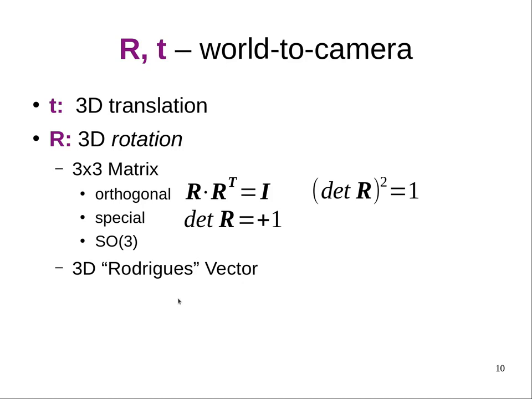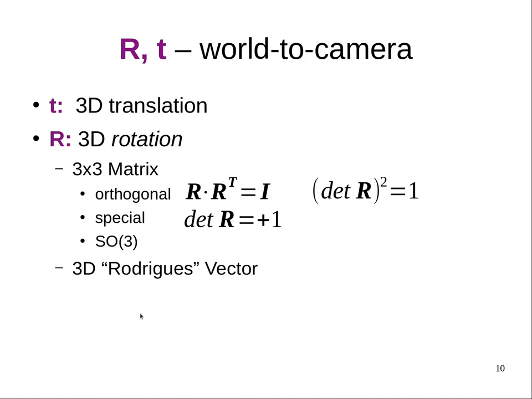There are also quaternions, but we skip them here. We mention the Rodrigues vector here because it's the typical rotation representation in the OpenCV library. And you can always convert a Rodrigues vector back to a 3x3 matrix, or go from a 3x3 matrix to the Rodrigues representation.